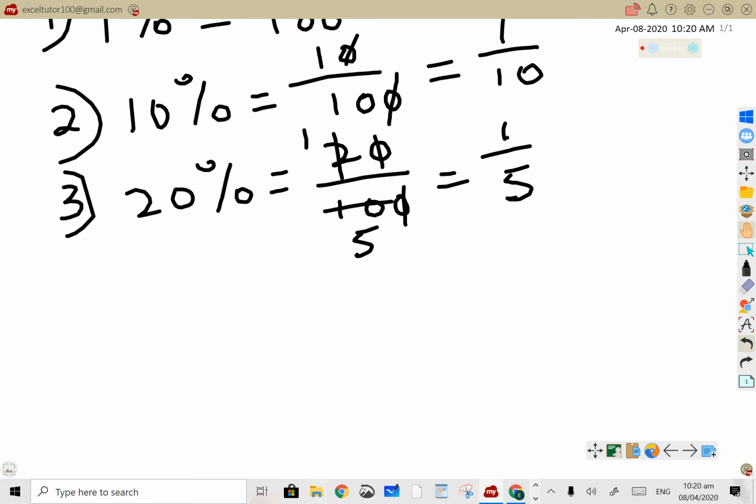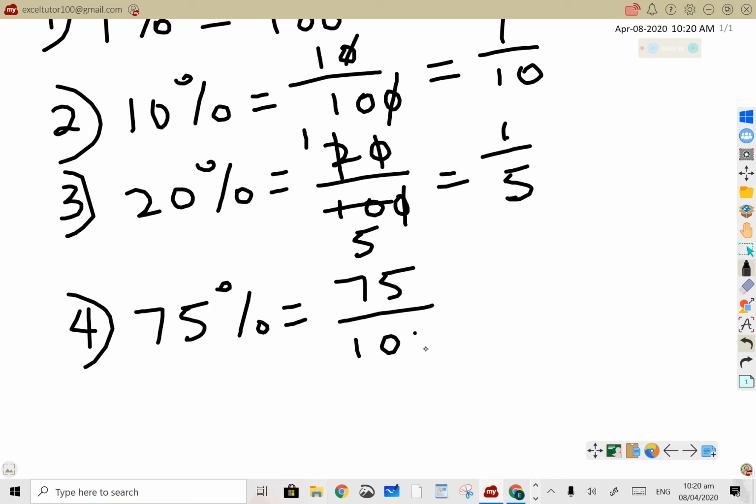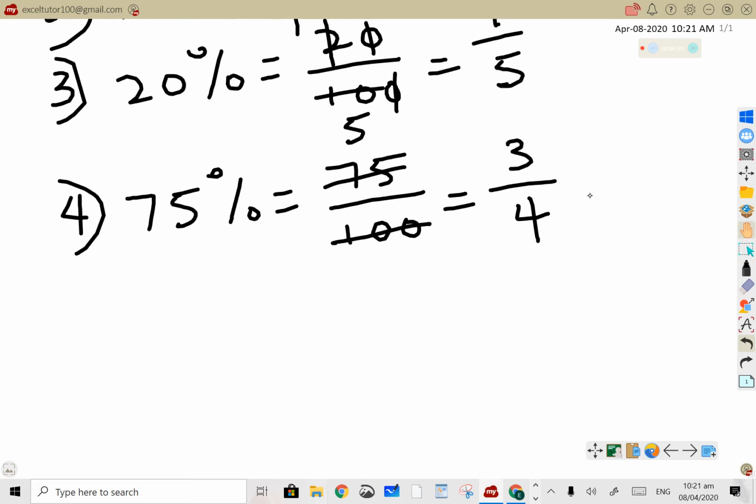Let us look at another one. So we have a fourth example. 75% would be 75 over 100, right, which is equal to 25 into this is 3 and 25 into this is 4. So we have to know as well how to divide by certain numbers.